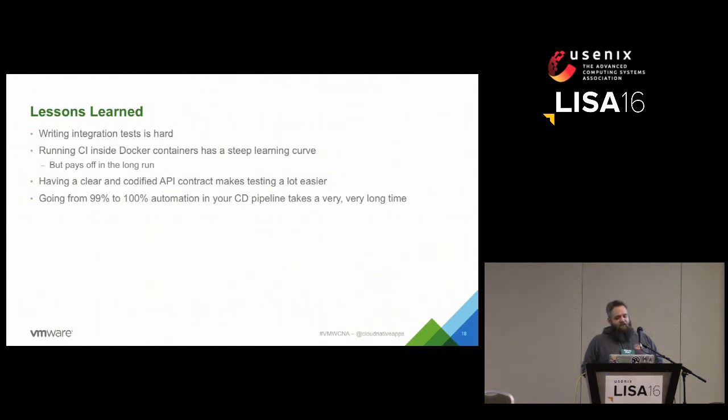The last one is that going from 99% automation to 100% for a CICD pipeline takes a long, long, long time. The things that you don't automate at the very beginning are the ones that take most of the time for you, and it takes so long to get from almost done to done.